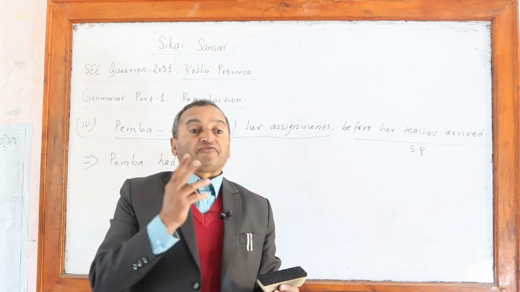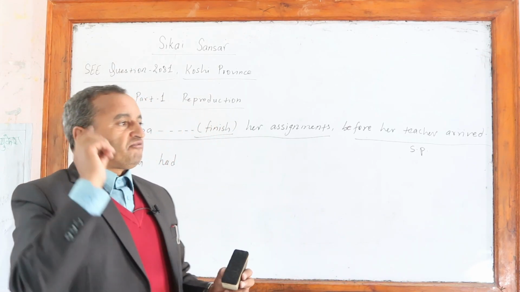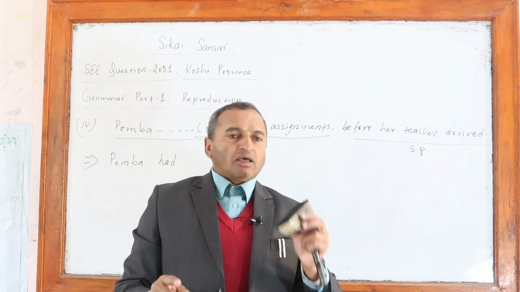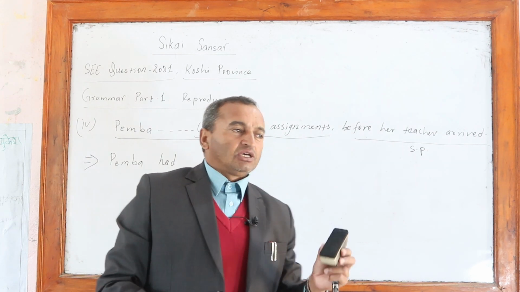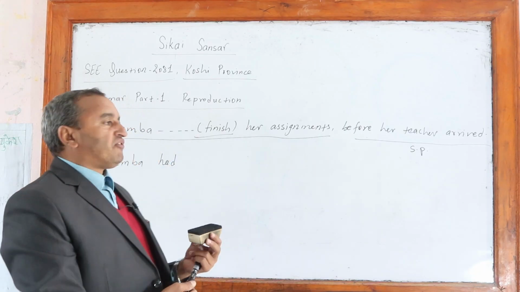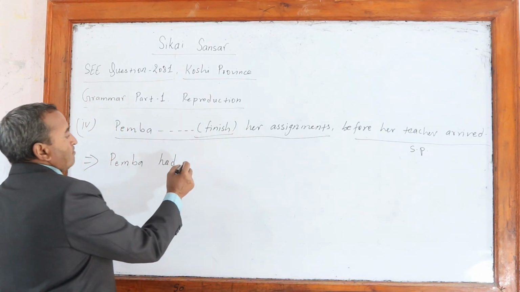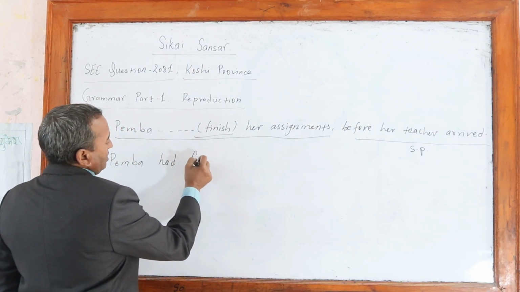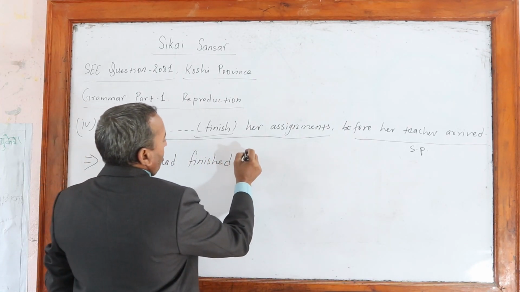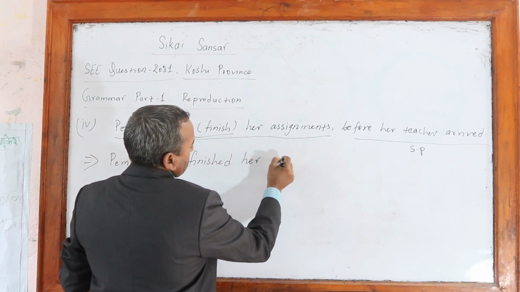Finish, finished, finished, finishing, finishes. These are the different verb forms of finish. Now we have to supply the past participle form here. So Pemba had finished her assignment.